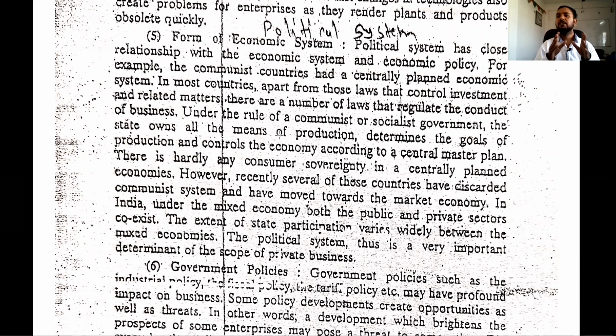Whatever policies they make, each and every one has to implement them properly. So whenever the political system changes, the company has to have the mind to cope with the situation. They cannot change the political situation of the country.